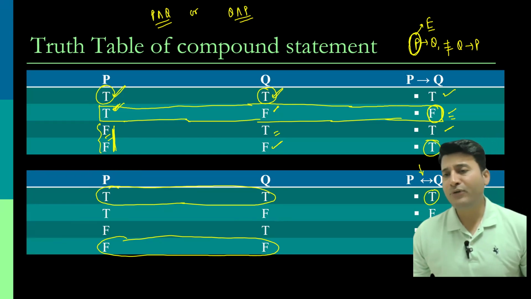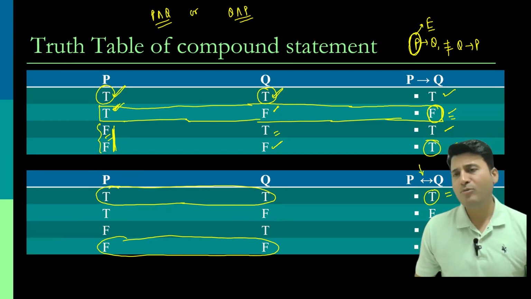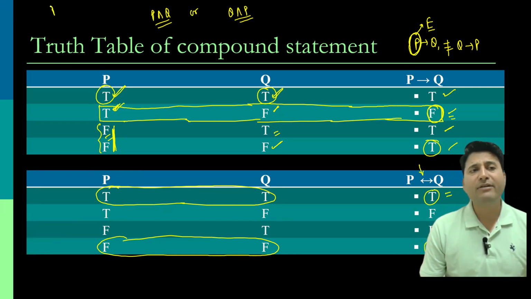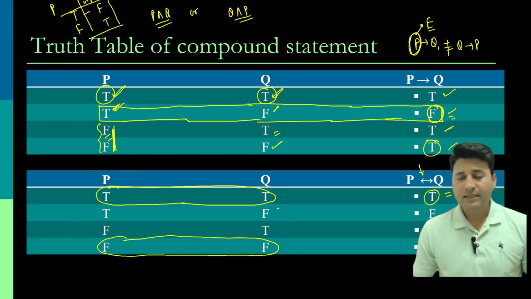So these are the connectives, almost all discussed. One left is negation. So how do we make the truth table for negation? If it is T, it comes out as F. If it is F, it comes out as T. So this is how the P and P negation table can be seen. Okay, I hope you understand it.